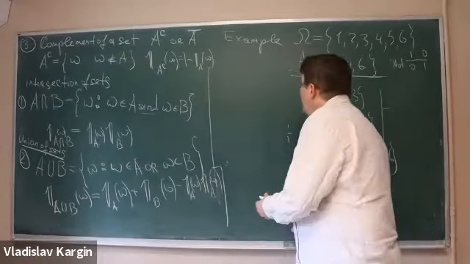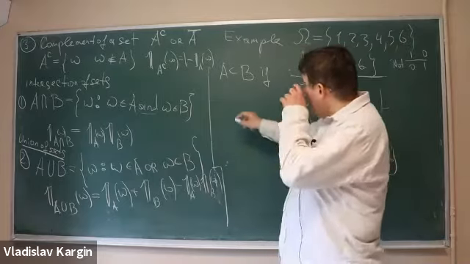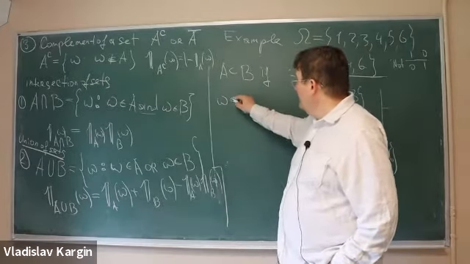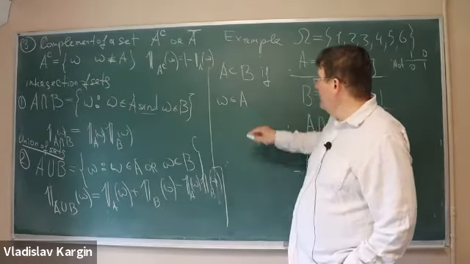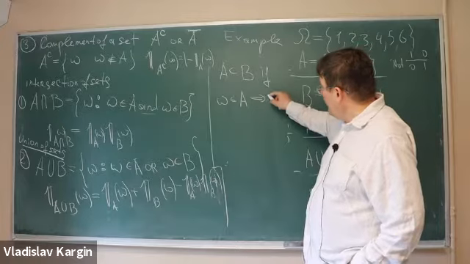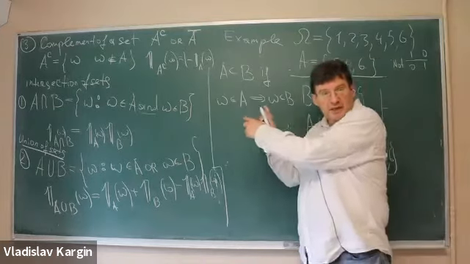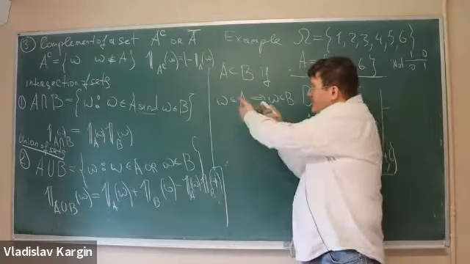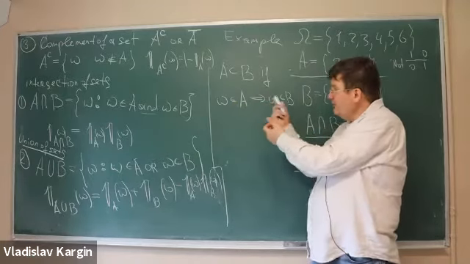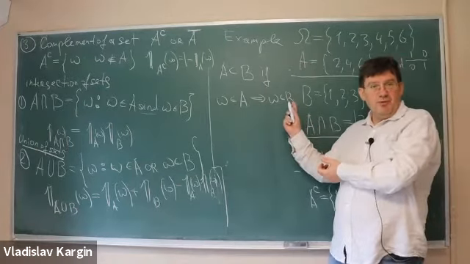And so A is included in B if omega belongs to A implies that omega belongs to B. So if we know that omega is in A, in probabilistic terms, it means that A happened, so it would mean that B also happened. Okay, so it implies. So if this is true, then this also must be true.